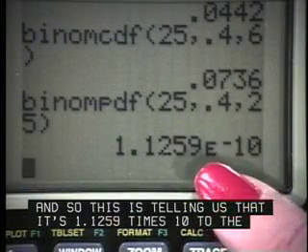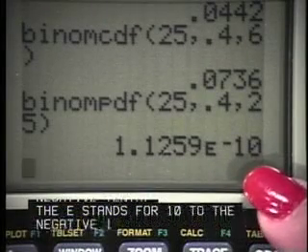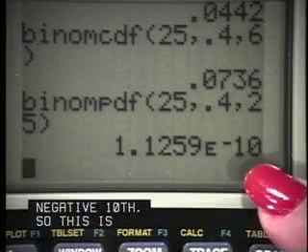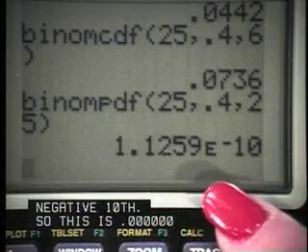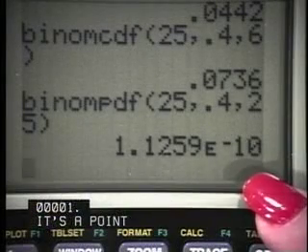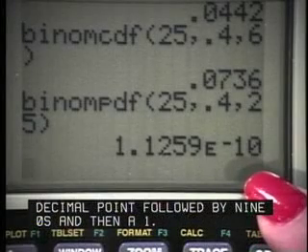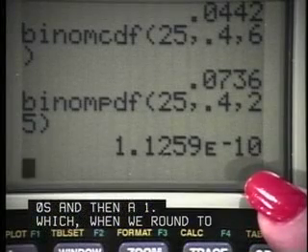The E stands for 10 to the negative 10th. So this is 0.000000001, a decimal point followed by 9 zeros, and then a 1, which when we round to 4 decimal places is about 0.